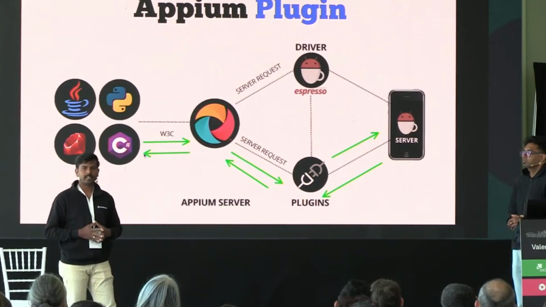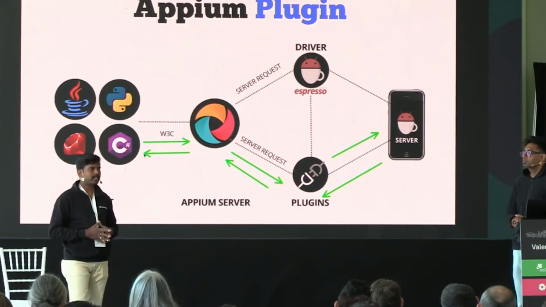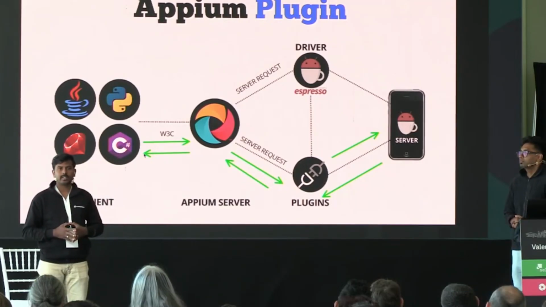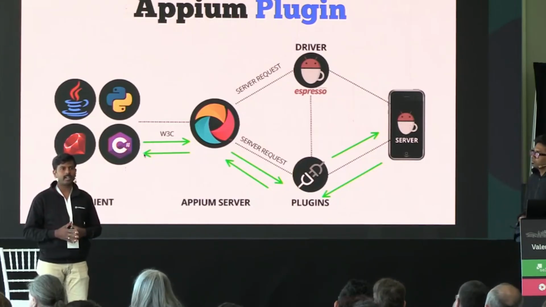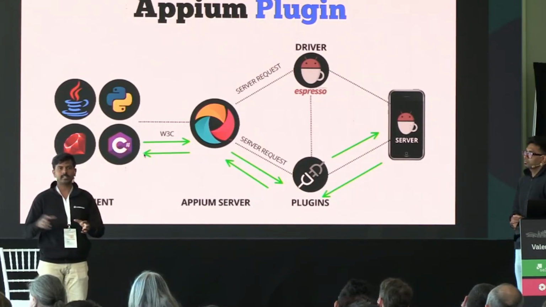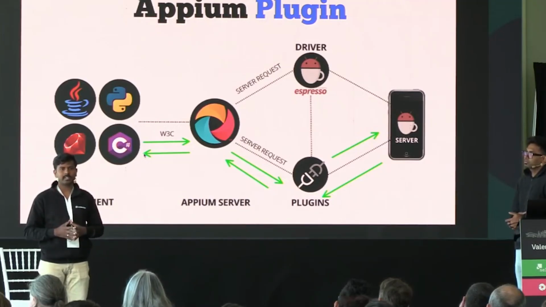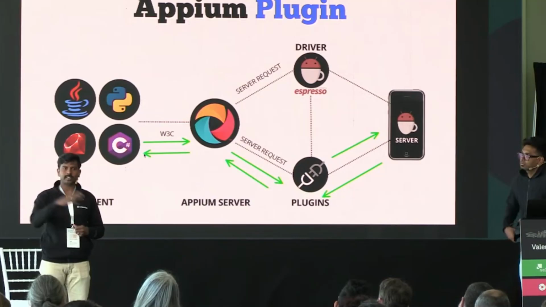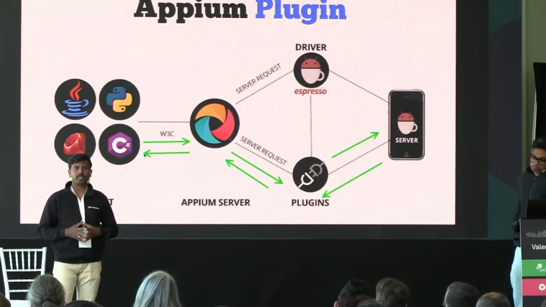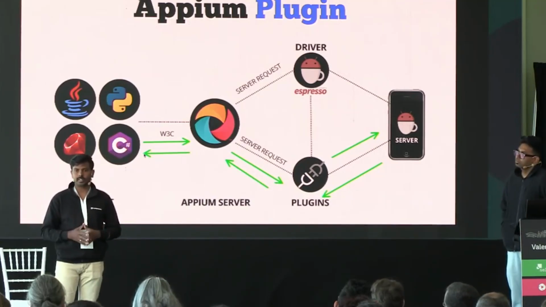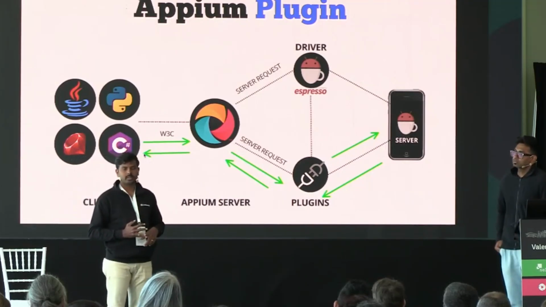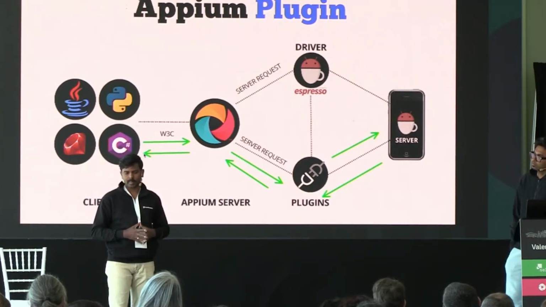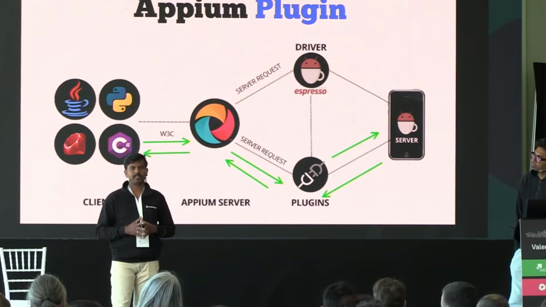I think we overrode find element in our workshop yesterday, wherein whenever there is a find element, we also added a log saying this is the strategy, this is the value which we are going to use. Once the plugin prints the log, it sends the command back to the appropriate driver to do the actual work. So it can override a command, and it can introduce a new command. This is a quick recap of where a plugin fits in.